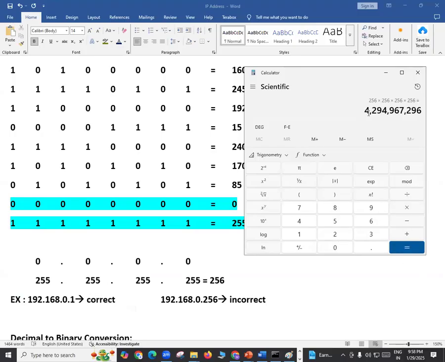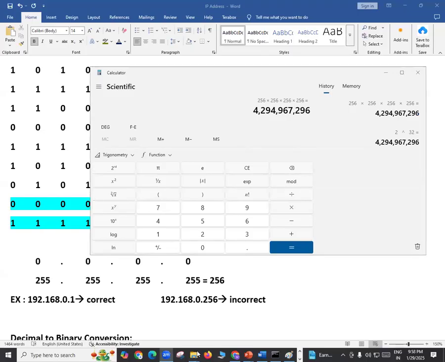What is the number here? 4294967296. So whatever way you do the calculation, if it is 2 power 32, you have this many IP addresses. If you just multiply 256 4 times, then you have the same output. So IP version 4 is 32-bit, and in this 32-bit, we have totally this many addresses.